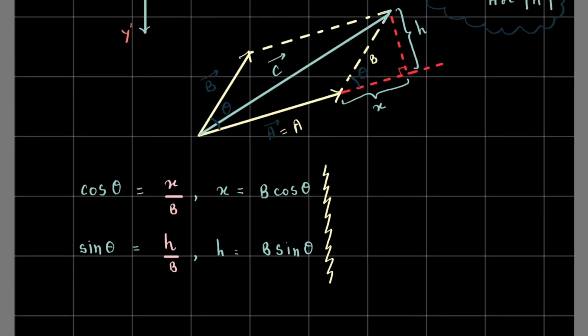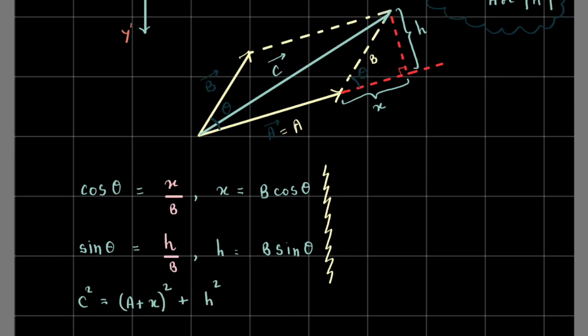Okay, now we need to find c. If you know the Pythagorean theorem, the magnitude of c vector is c. C square equals a plus x, the length of this entire line, a plus x whole squared, plus h square.